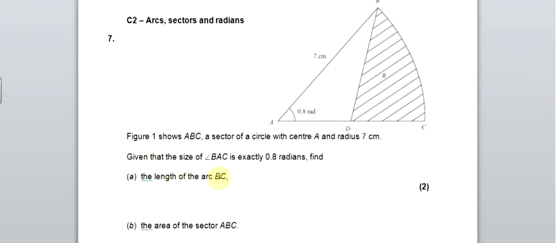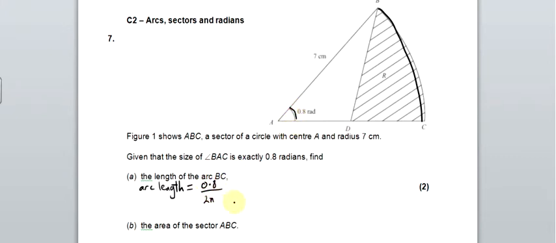First of all, we're going to find the length of the arc BC, so that's this bit here. So we've got arc length. Very, very straightforward bit of maths here. Now, you can remember the formula for this. Personally, I always think of it as a fraction of a circle, and this is 0.8, that's the angle here, out of 2 pi.